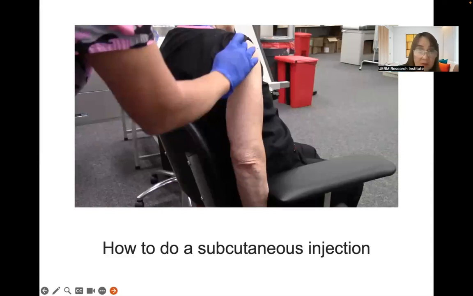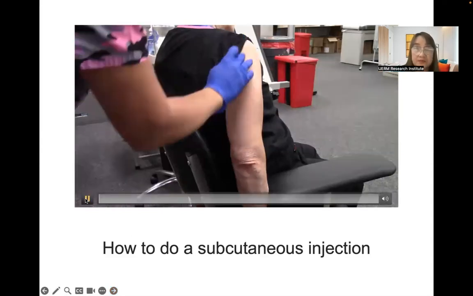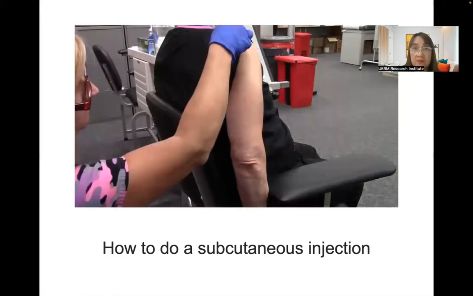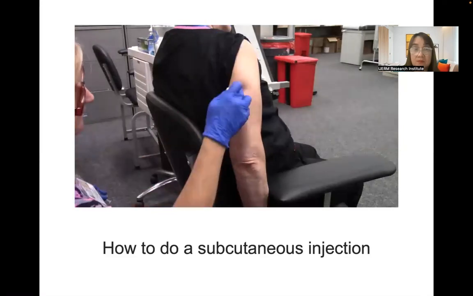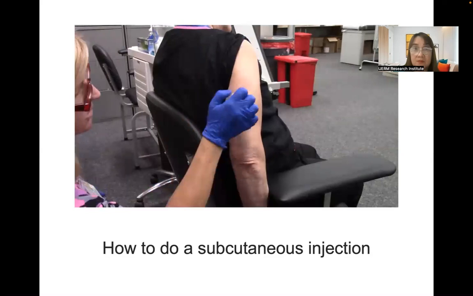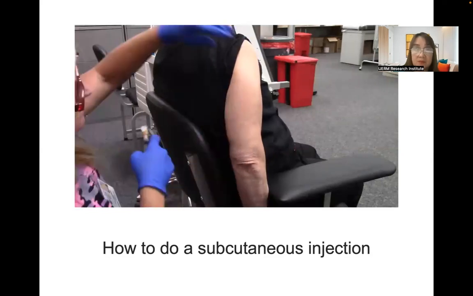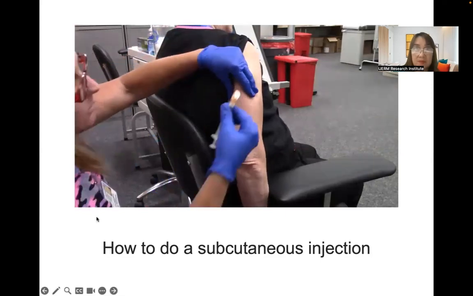So I will now show you how to do a subcutaneous injection. We're going to measure from the middle of the elbow to the middle of the back of the shoulder, about 3/4 of the way up. We're going to pinch about an inch. Take the cap off. We're going to hold it at a 45-degree angle.